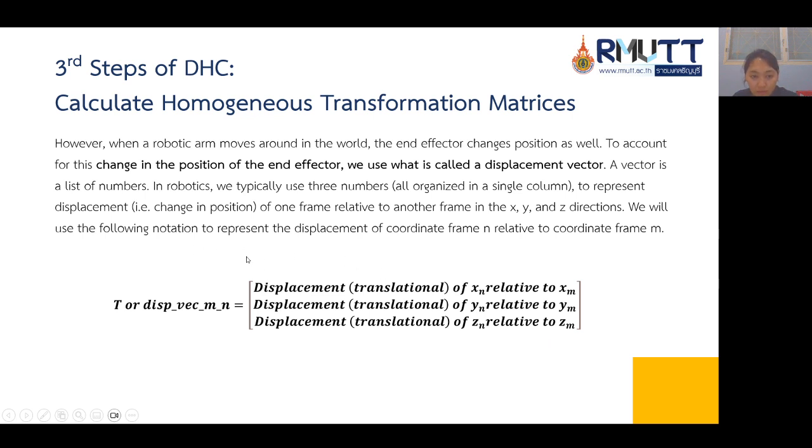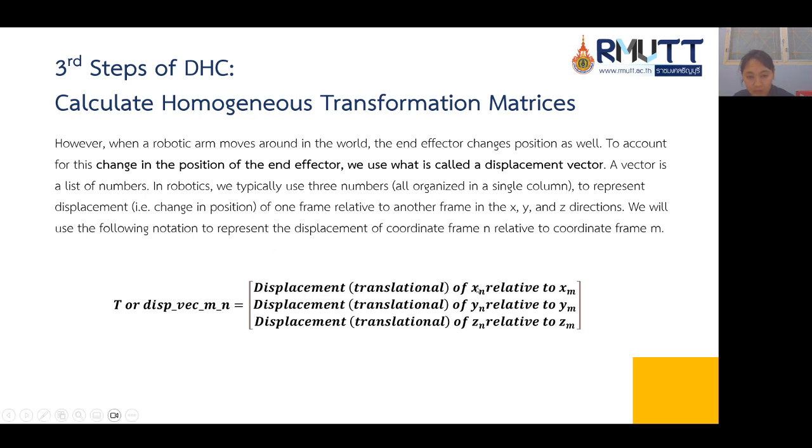We will use the following notation to represent the displacement of coordinate frame n relative to coordinate frame m, like in this matrix equation, T, the translational or displacement vector, M N. It is a 3 by 1 matrix.